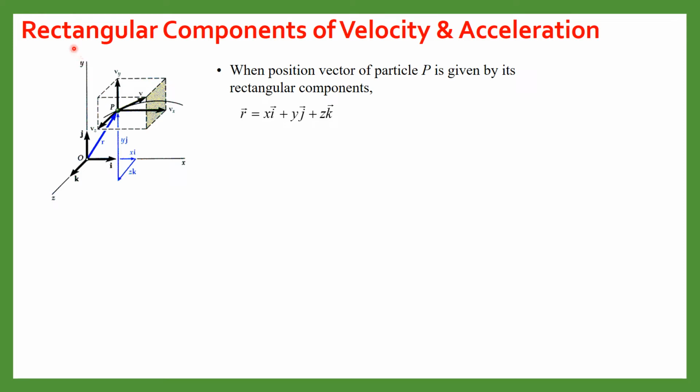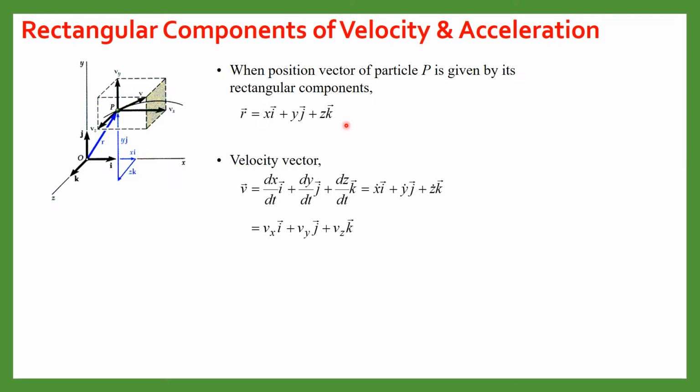Now we will see the rectangular components of velocity and acceleration. Suppose your particle has the position vector r, and we know that we can express any vector in components of x, y, and z. So we can denote this r as xi plus yj plus zk.